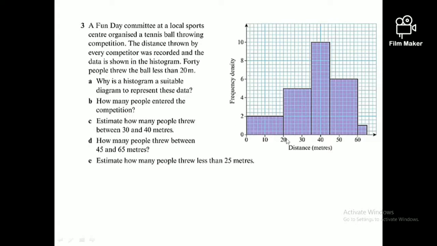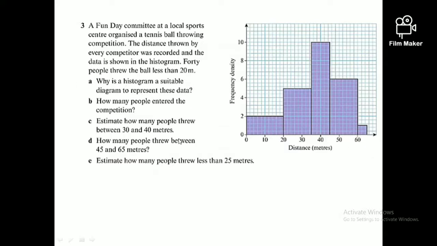Therefore, each box represents 2 people. Then we can count the total number of boxes over the entire diagram, and multiply with 2 and you can get it.